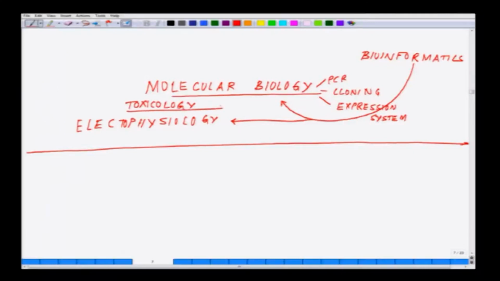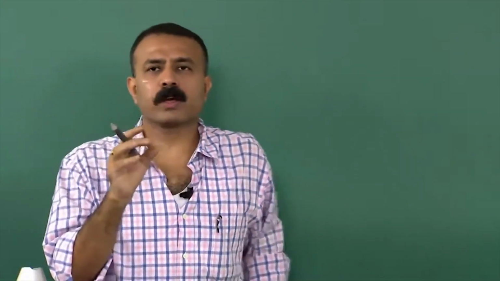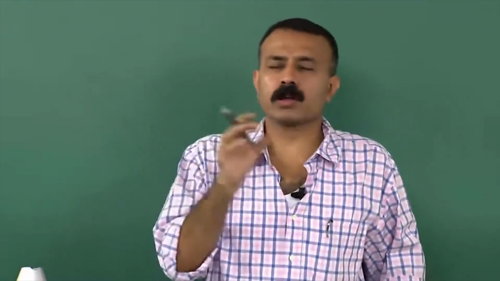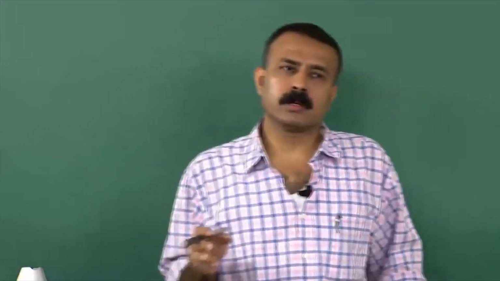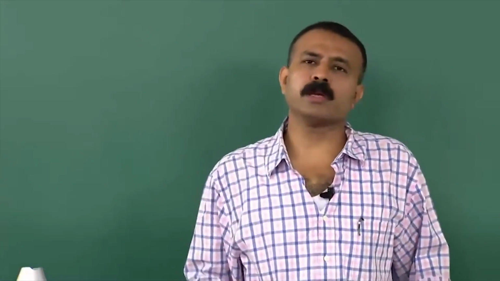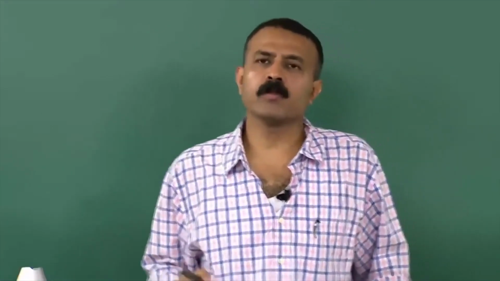And in the meantime, toxicology was going on hand in hand, because as I was telling in one of the previous classes, you need certain specific compounds which can block these channels. So, you have to have toxins like tetrodotoxin, 4-AP, triethylammonium, likewise.